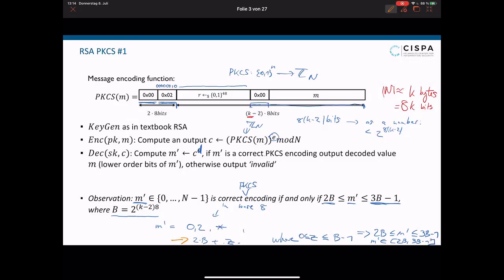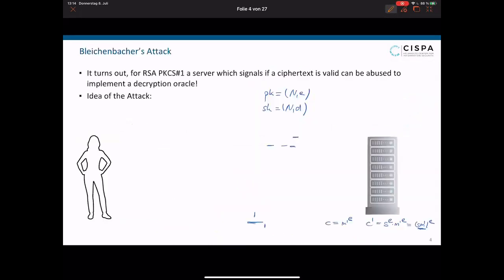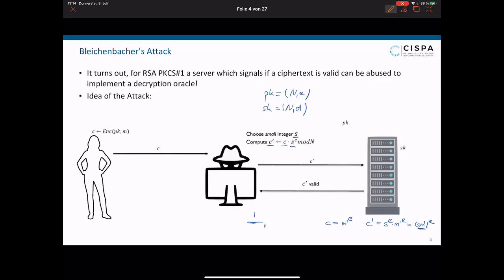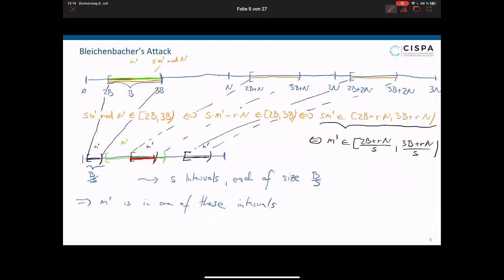Someone is asking, the blue interval below is not scaled down, only the black. Am I right? We have 0 to 3n. Good. Why did we only scale down these orange intervals into the black ones?